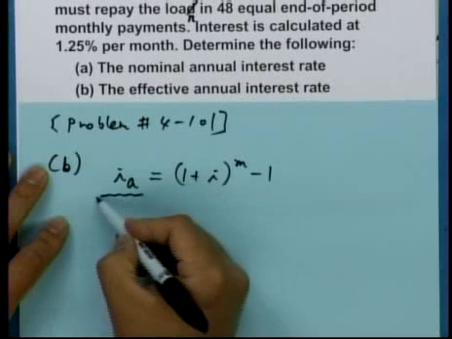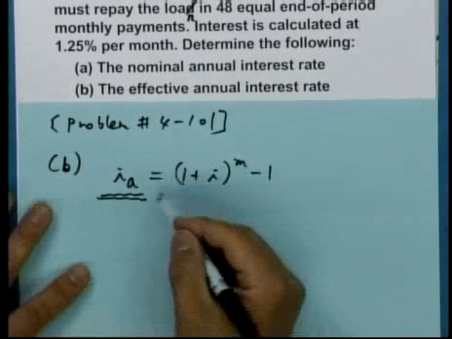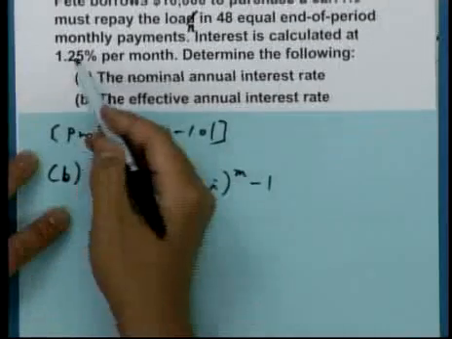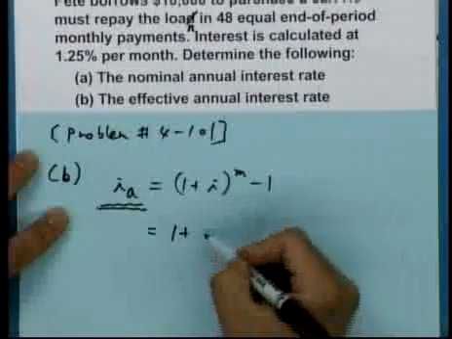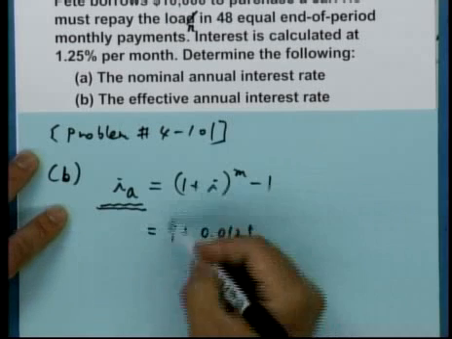Here, I sub a is the effective interest rate, right? So 1 plus 1.25% is 0.0125, right?